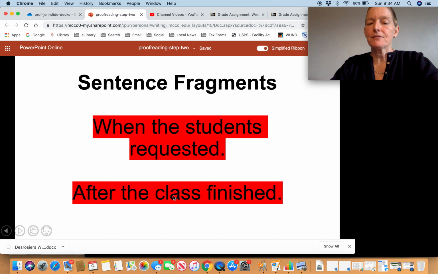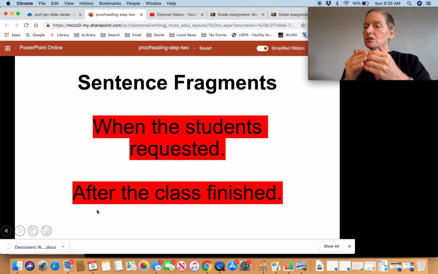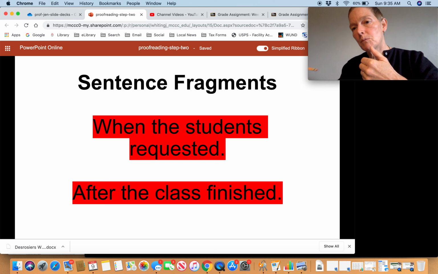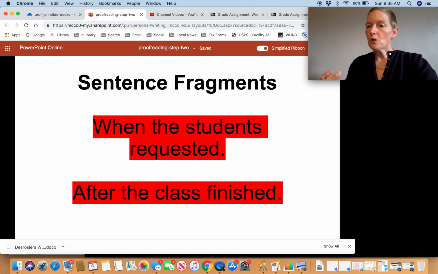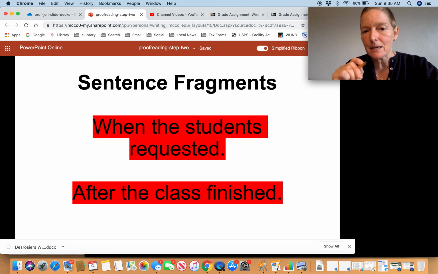Again here, after the class finished, right? You have a subject, you have a verb, but because you opened your sentences with these words, you're actually setting up the reader to expect something more. So the way that you can often recognize a sentence fragment is if you read it and you're like, well, then what happened? You haven't finished the sentence yet, and you need to come back in here.